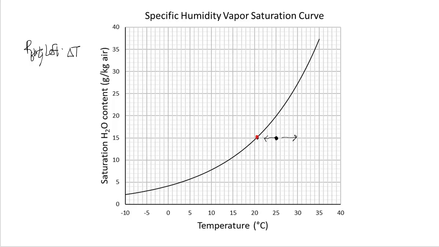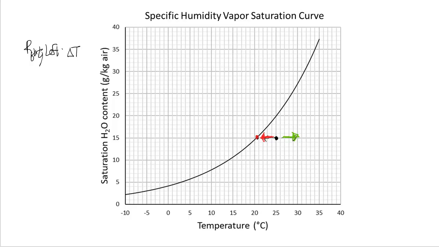So along this red arrow here, the relative humidity is increasing. And similar arguments will show that as we move along, let's call it the green arrow here, towards higher temperatures, the relative humidity is decreasing because the specific humidity is staying the same, but the specific humidity at saturation is increasing.